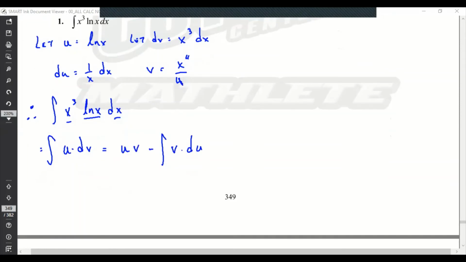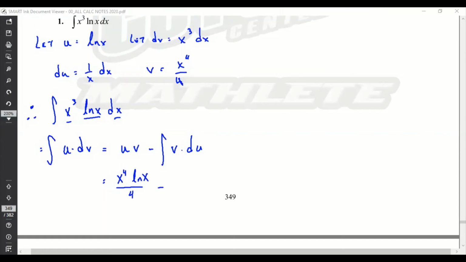We put those pieces in. This is equal to x to the 4 ln x over 4 minus the integral of x to the 4 over 4 times 1 over x dx.